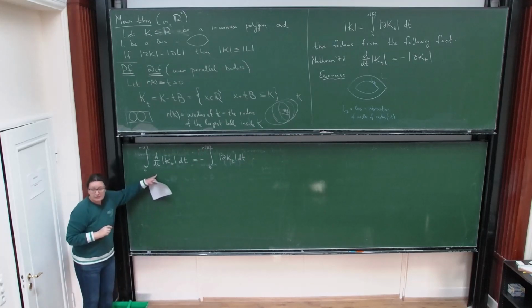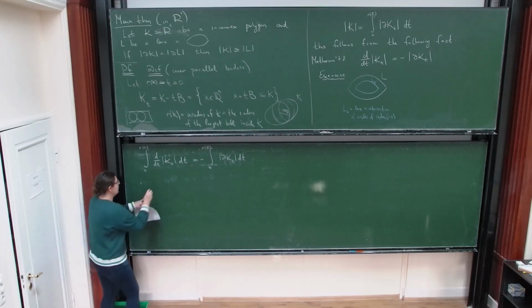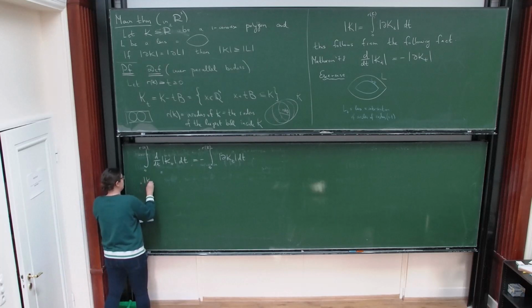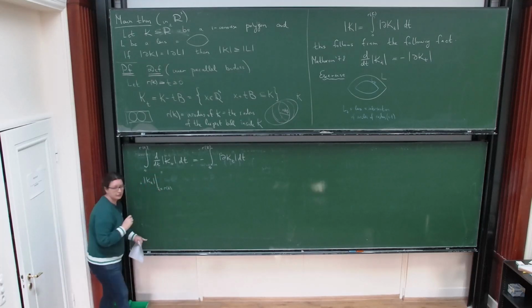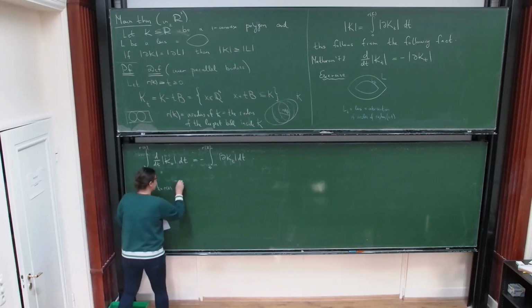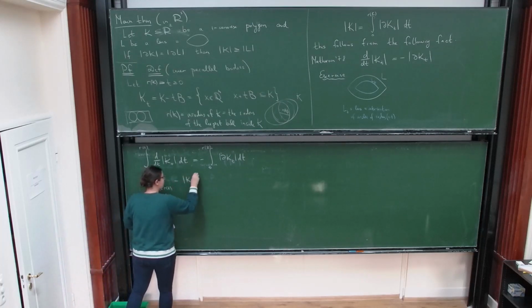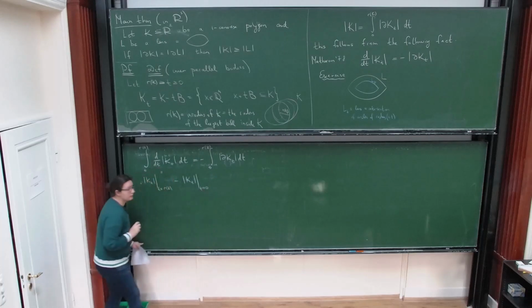But what do I get on the left hand side? On the left hand side I have really just the value of the volume when time is equal to the in-radius, minus the value of this volume when t is equal to 0.